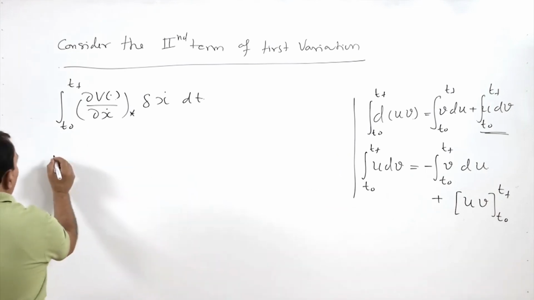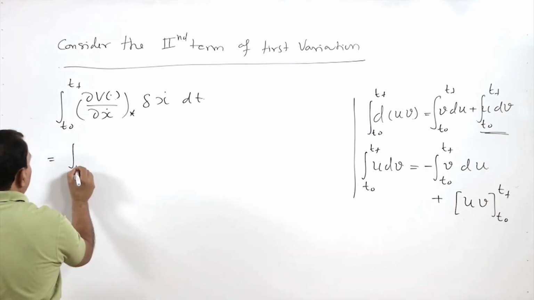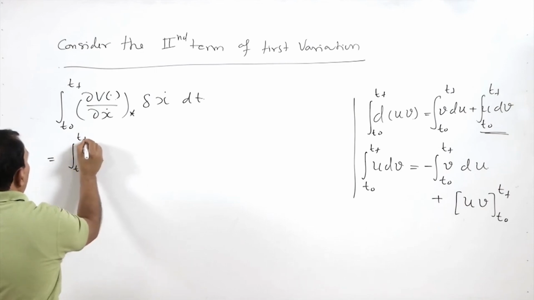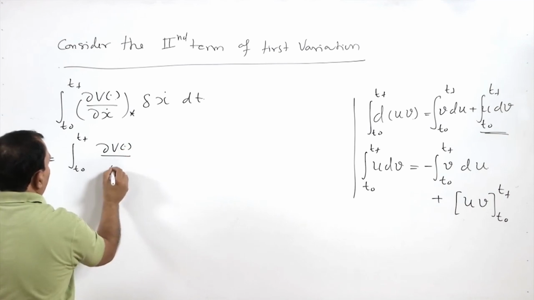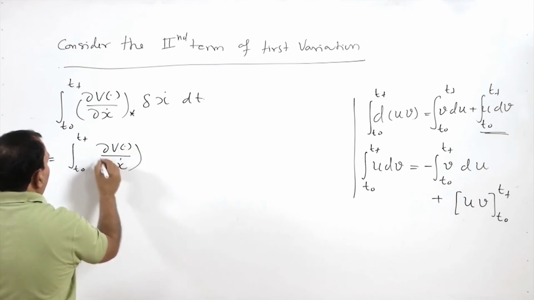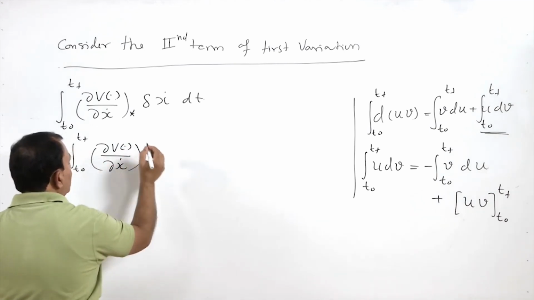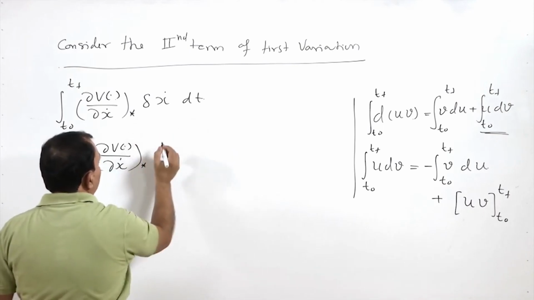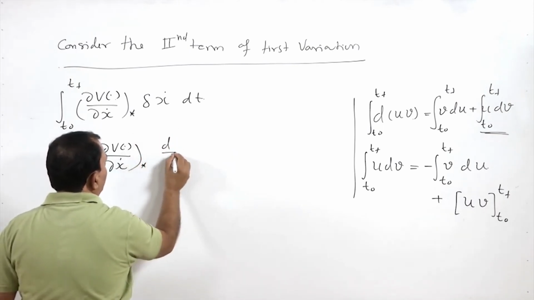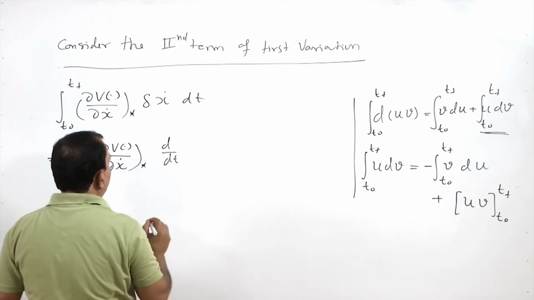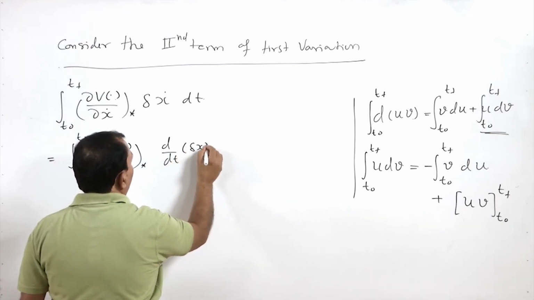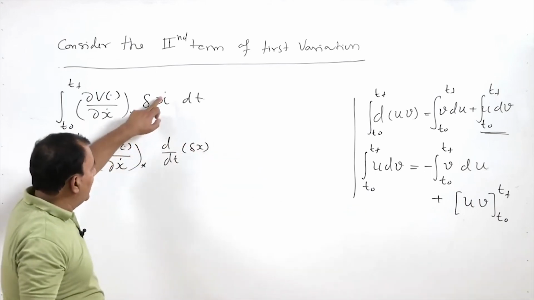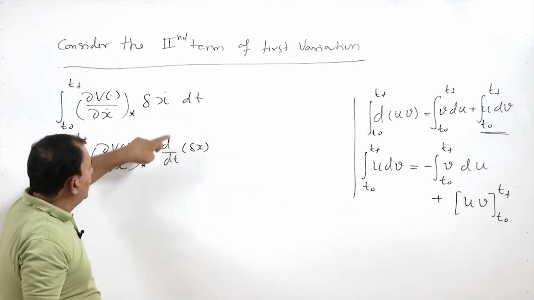So, this I write as the integral from T0 to Tf of del V by del x dot, and delta x dot I write as d by dt of delta x.